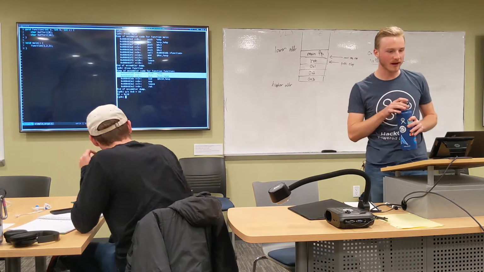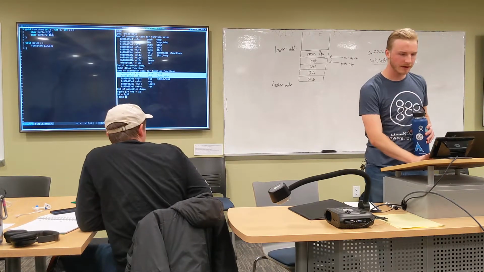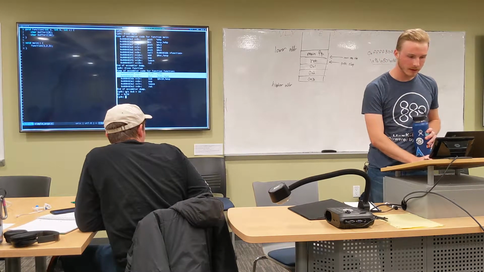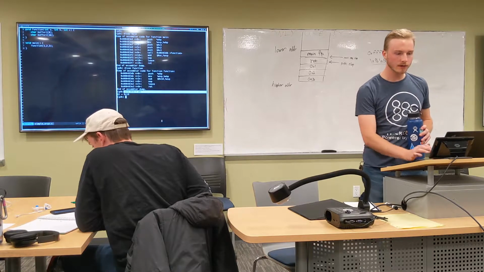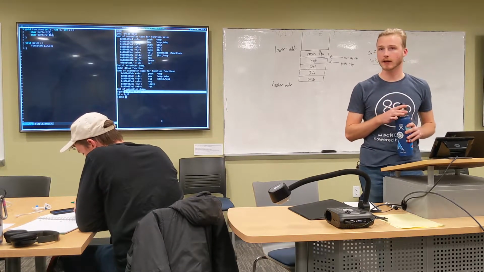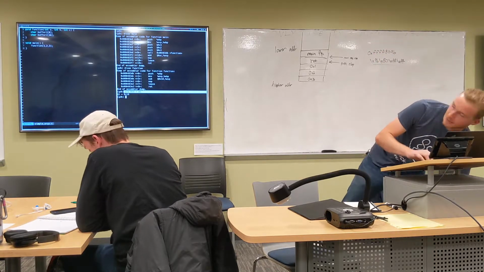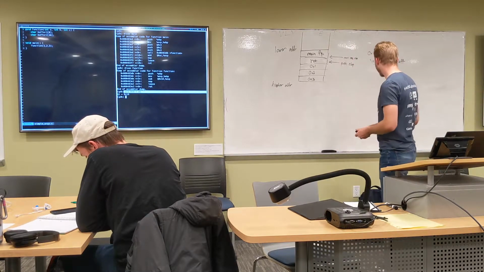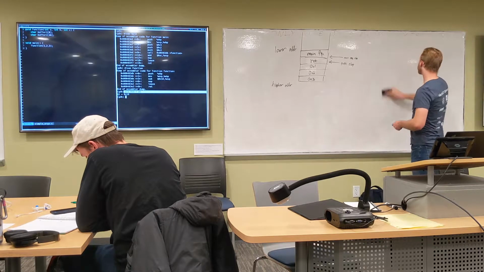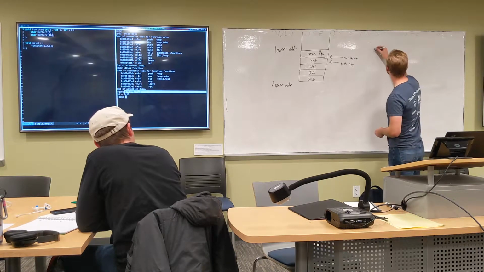Did I sufficiently confuse everyone with my return address mistake? Okay, so this is a nice little trick where we can use GDB as a hex calculator, right? So P stands for print, and whatever comes next is our format.